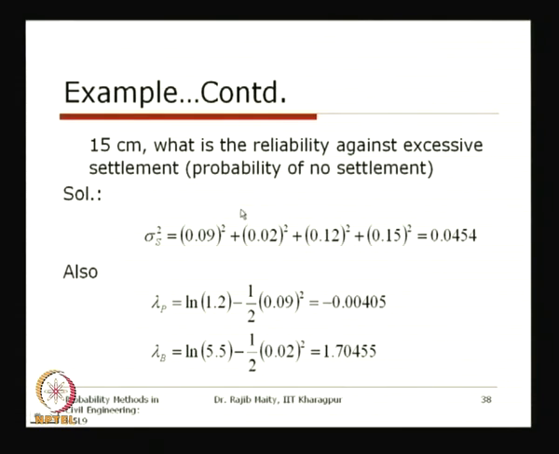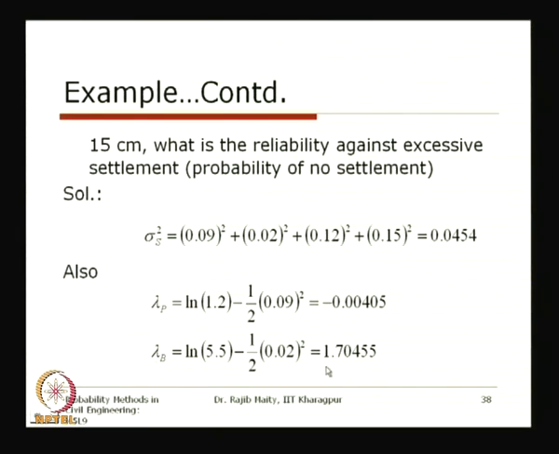As we have seen for these log normal variates, sigma S square is equal to the summation of the individual squares. So, this is 0.0454. Lambda P, from this expression, we will get as minus 0.00405.